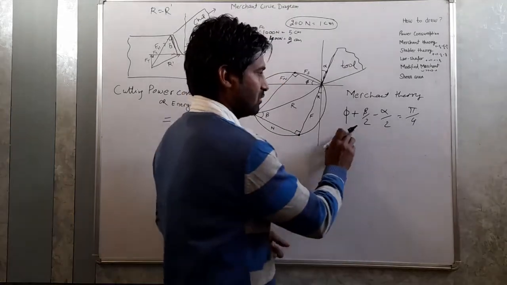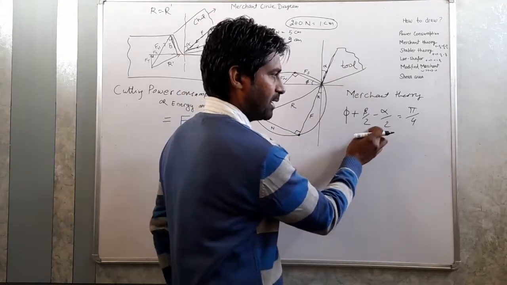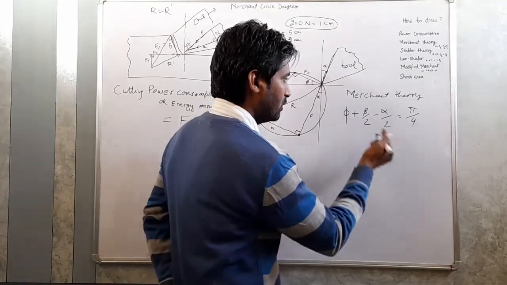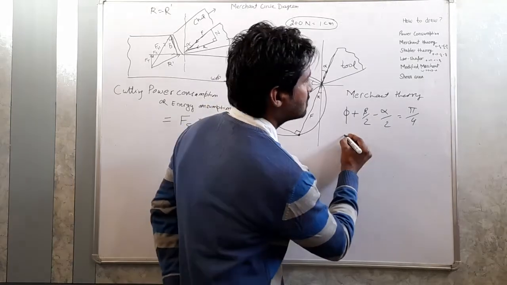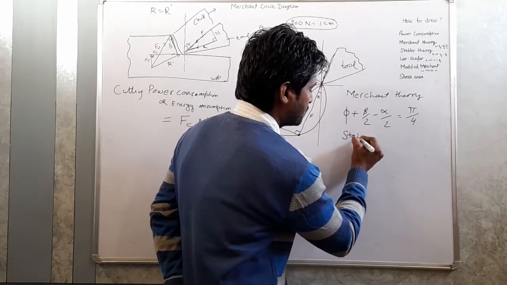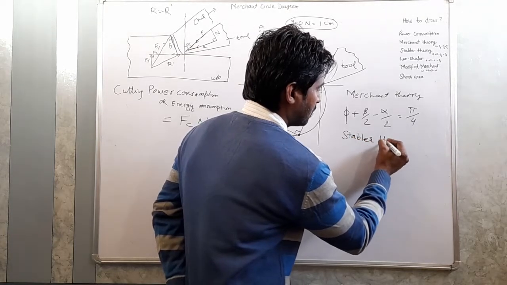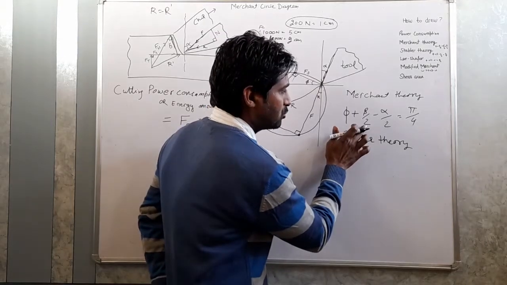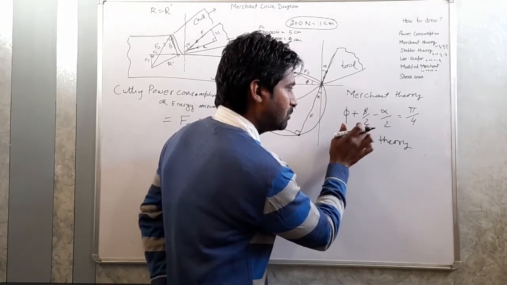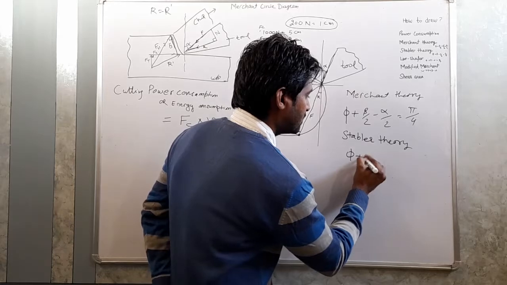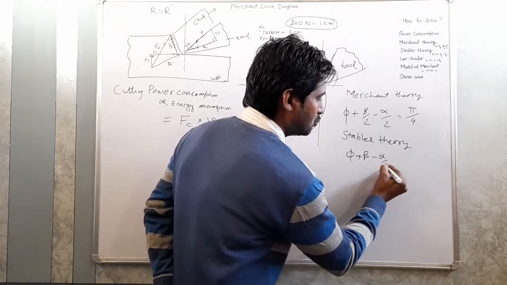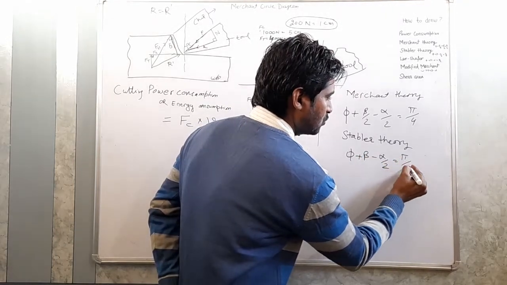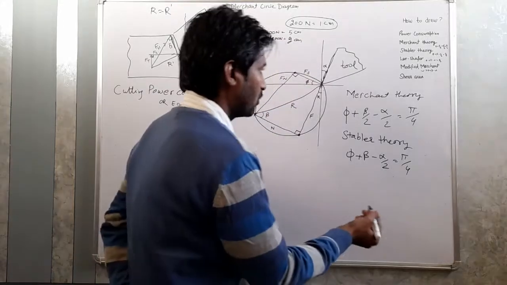In the second case, the Stabler theory, we will not use beta by 2, we will use beta only: phi plus beta minus alpha by 2. This is the way to remember this theory formula.